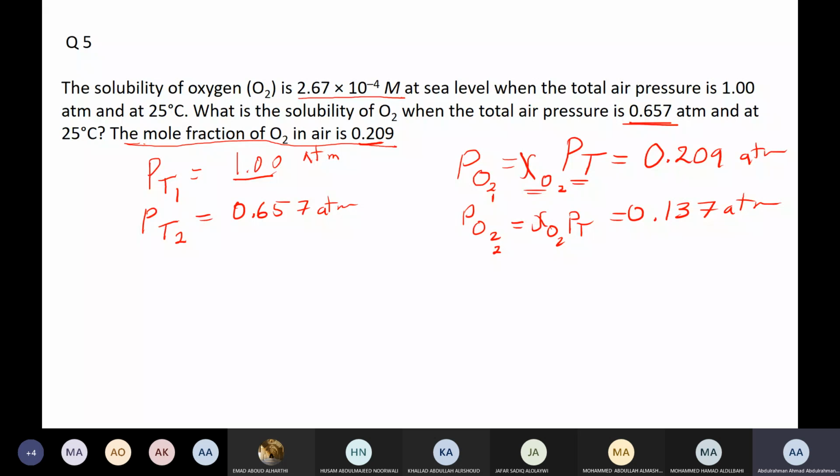No problem. Good. Now, the solubility, let's go down. We know this pressure now. The solubility of O2 at sea level, when the total pressure is 1 atmosphere and 25 degrees. This is the solubility. What should I do? How to solve this problem? Do you know?